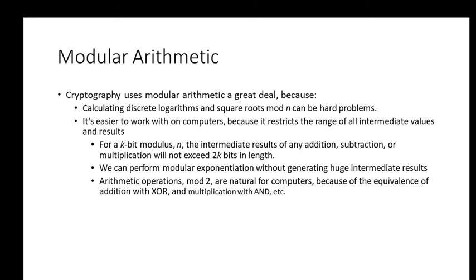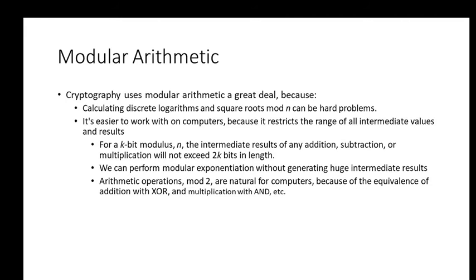Cryptography uses modular arithmetic a great deal because calculating discrete logarithms and square roots mod n can be a hard problem. It is easier to work with on computers because it restricts the range of all intermediate values and results.